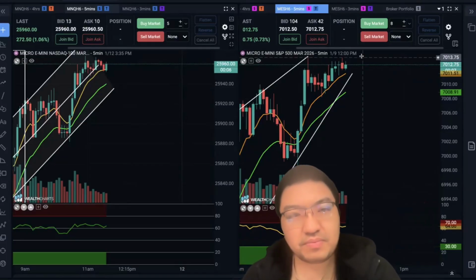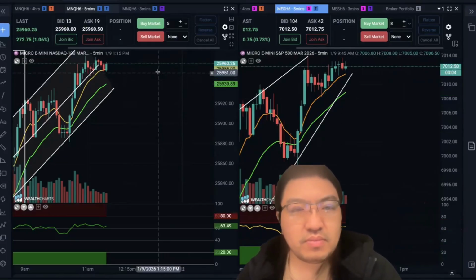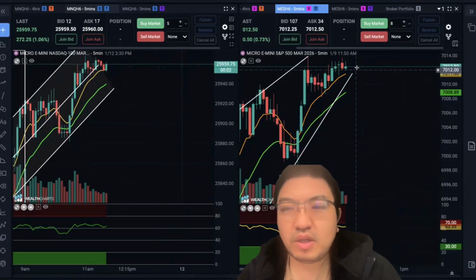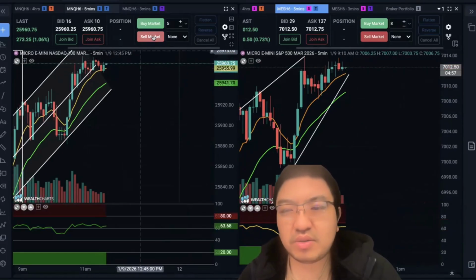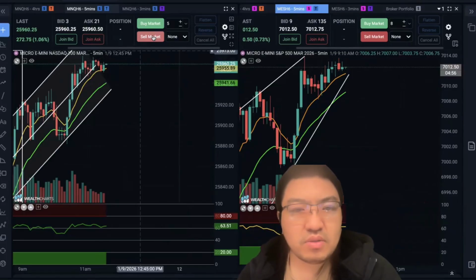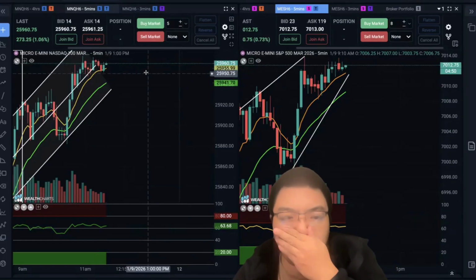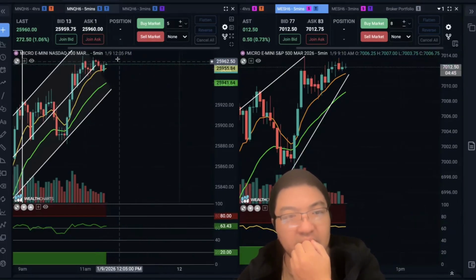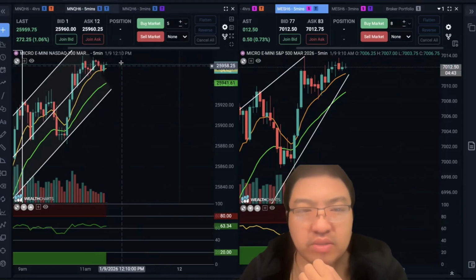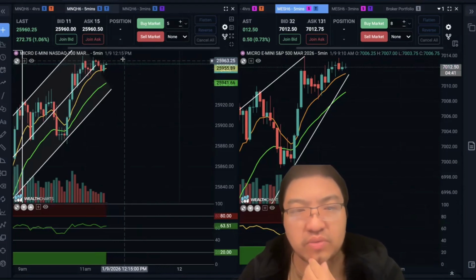We'll see. ES is closing less than NQ. Okay, this is like a 5 bar consolidation. No trade.